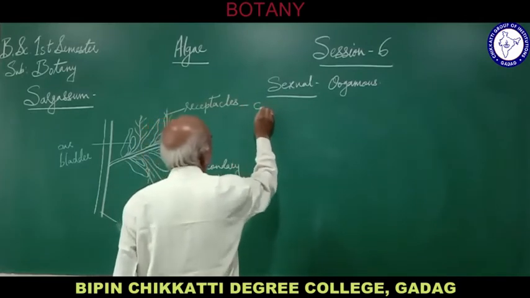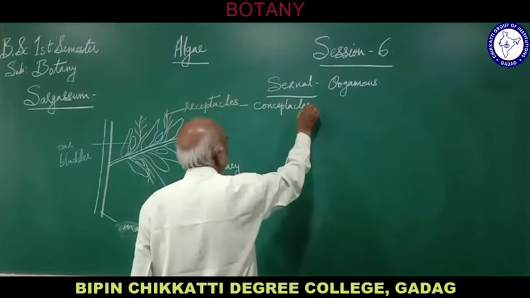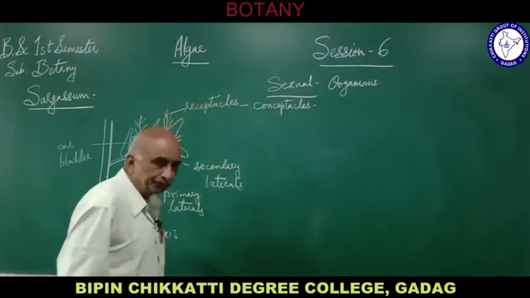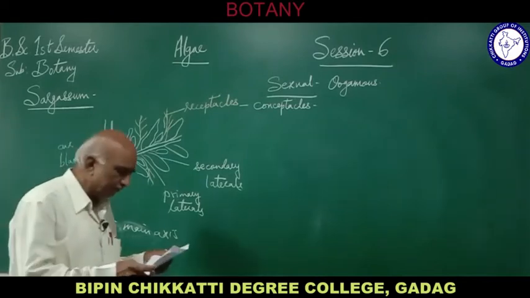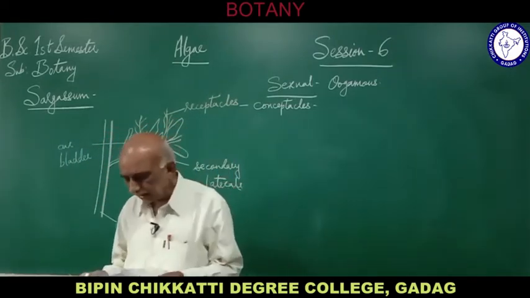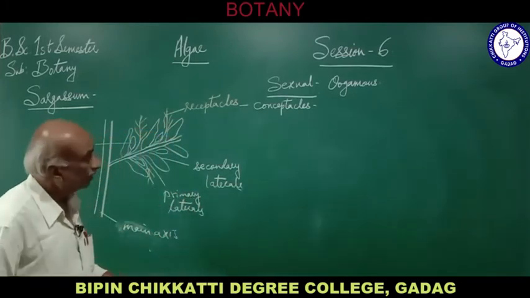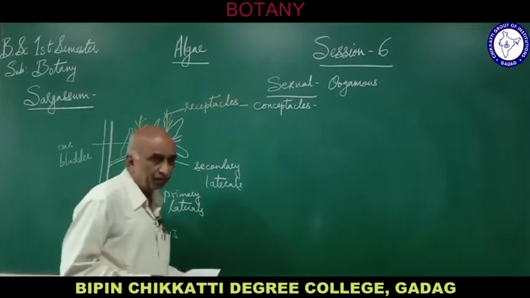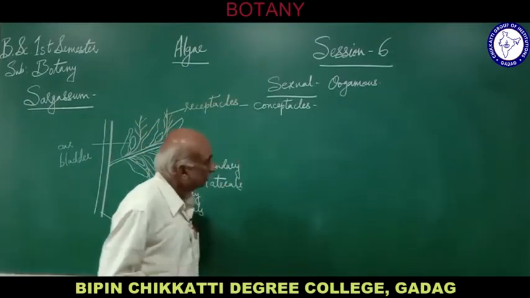In the receptacles there are structures called conceptacles. These conceptacles contain the sex organs, the male sex organ Antheridia and the female sex organ the Oogonia.